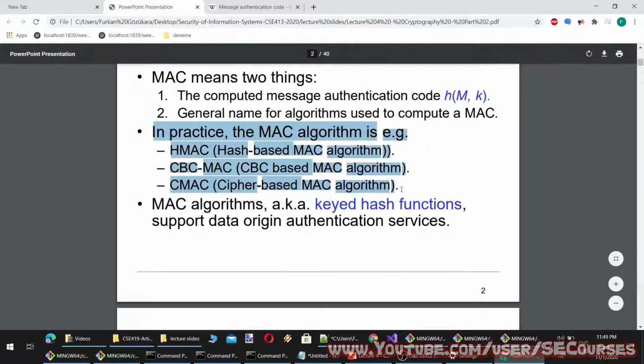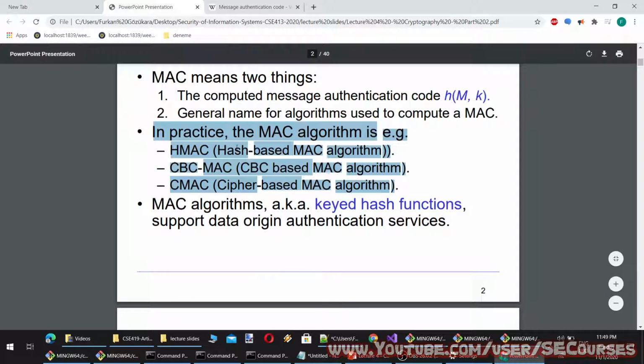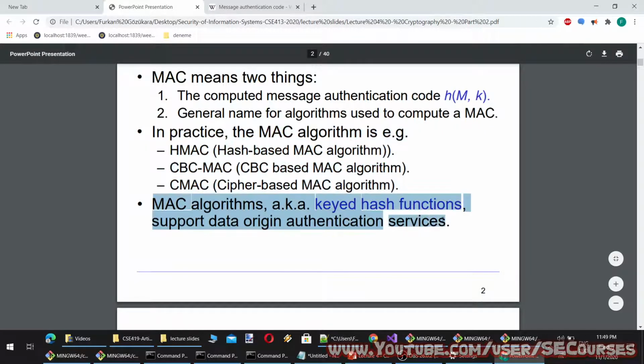In practice, the MAC algorithm is, e.g., HMAC, hash-based MAC algorithm; CBC-MAC, CBC-based MAC algorithm; CMAC, cipher-based MAC algorithm.